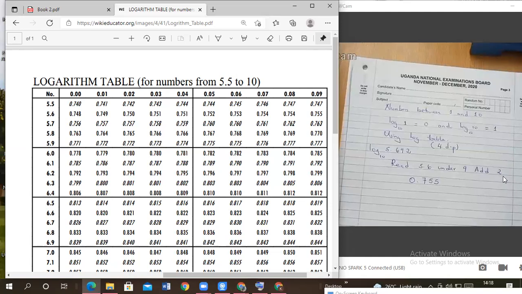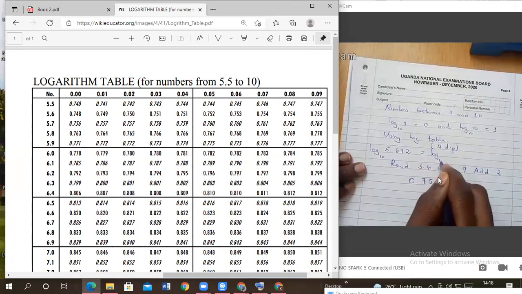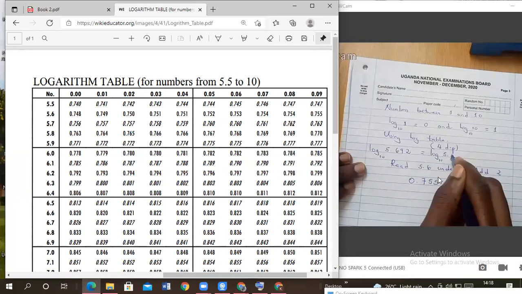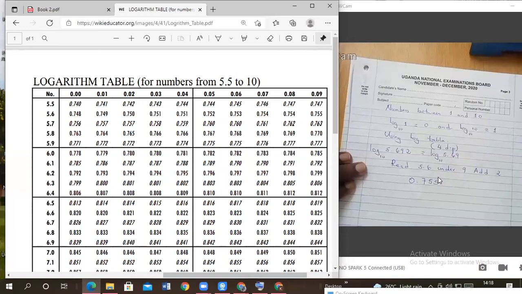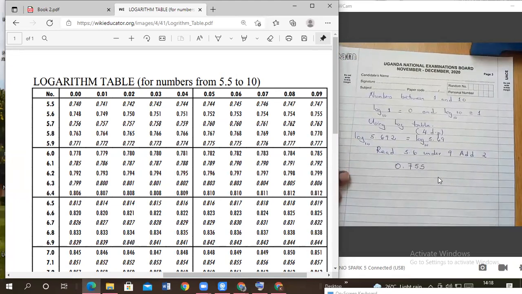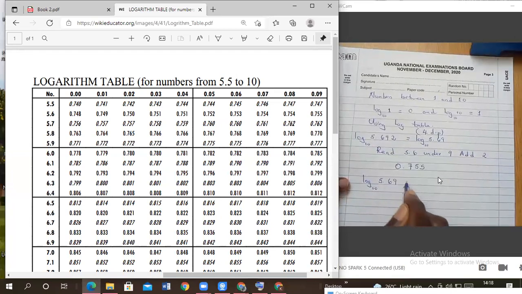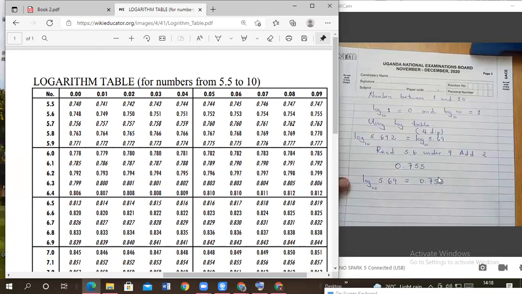So for this case, when you round off, it is the same as log to base 10 of 5.69. So log to base 10 of 5.69 is equal to 0.7755.